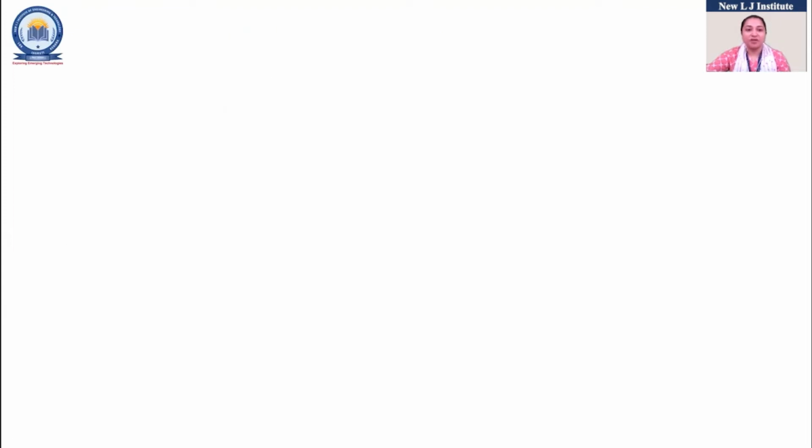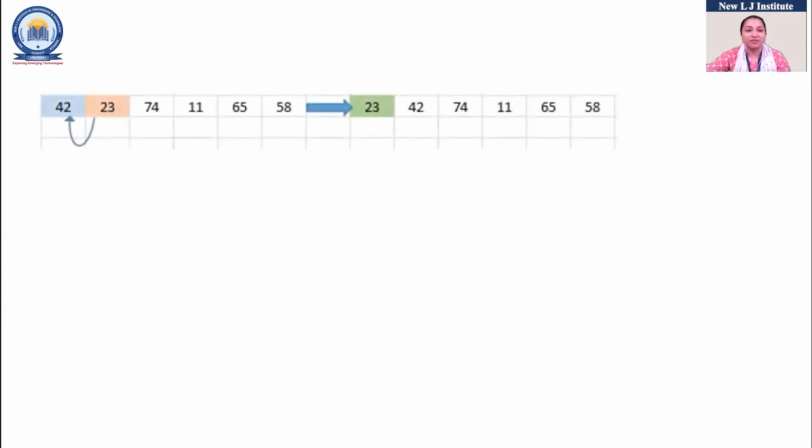Let us see an example of insertion sort now. We are given the elements 42, 23, 74, 11, 65 and 58. Let's assume that the first element is in the sorted list. Although the list is the same, we will divide this list into two logical parts, a sorted part and an unsorted part. Okay, so this will be our unsorted part.